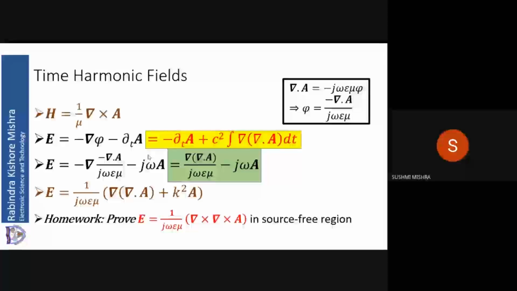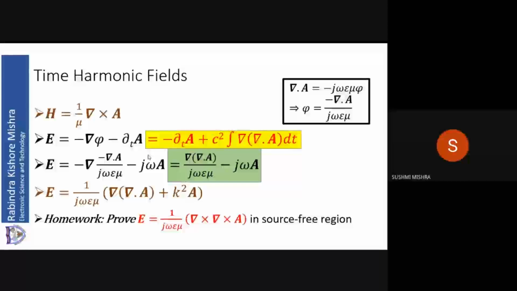Now let me give you a homework that proves that E is equal to 1 upon j omega epsilon mu curl of A in the source-free region. Not a homework. Let us, okay, take it as a homework and prove this.